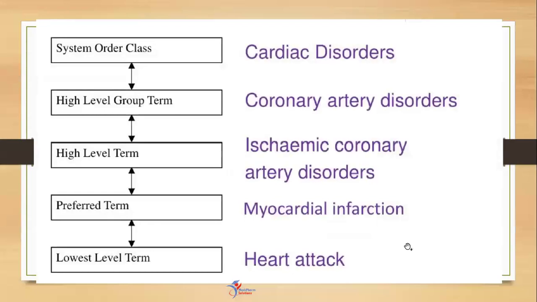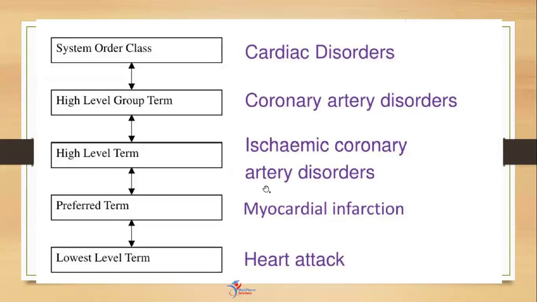So this is what I was trying to say. Suppose a subject enrolled in a clinical trial has taken your drug and says, I have pain in chest. If you just write that verbatim, it will map you to the lowest level term of heart attack. And this heart attack will be grouped to the preferred term of myocardial infarction.